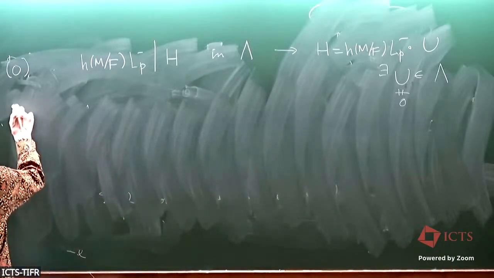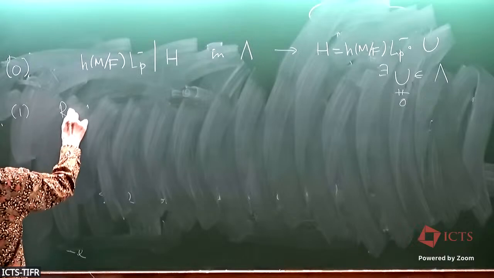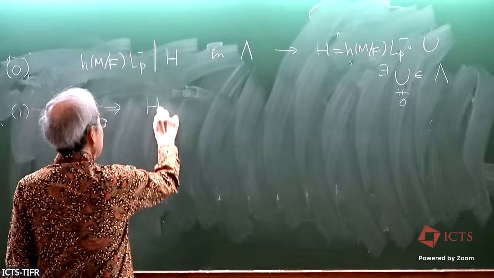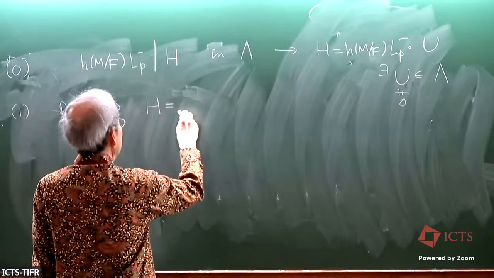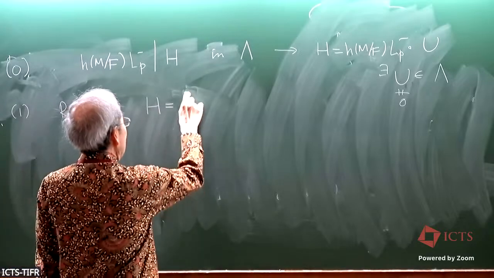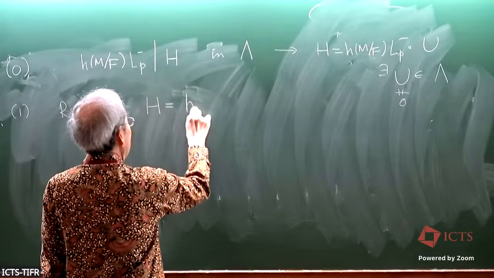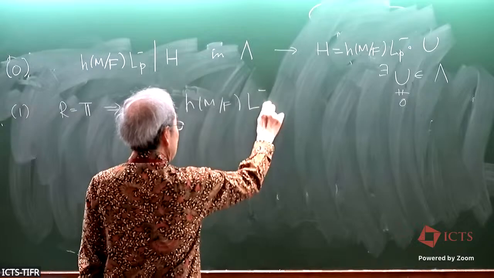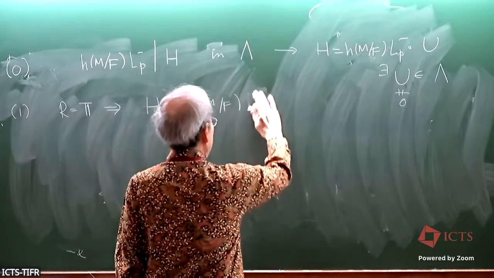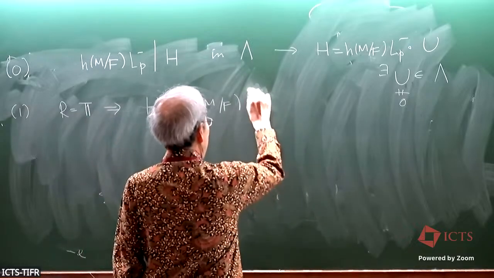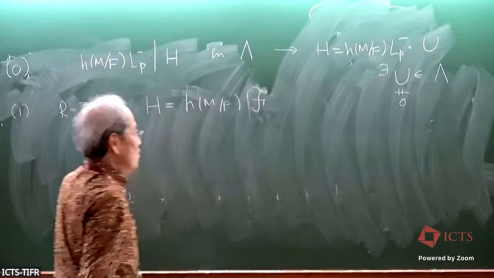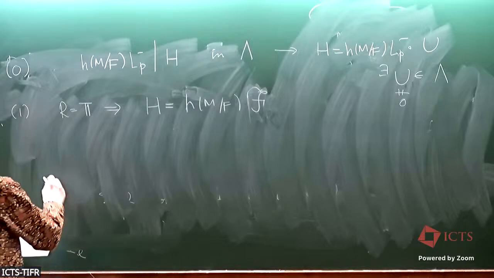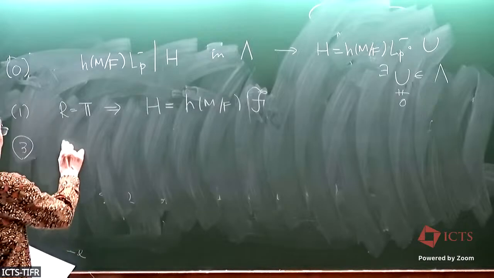Then the second step is that by the R equal P theorem, we view that H equals HMF, L minus P. No, not L minus P. F. Iwasawa power series. The third point is by Nakayama.